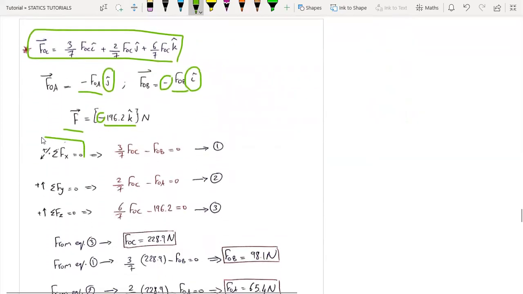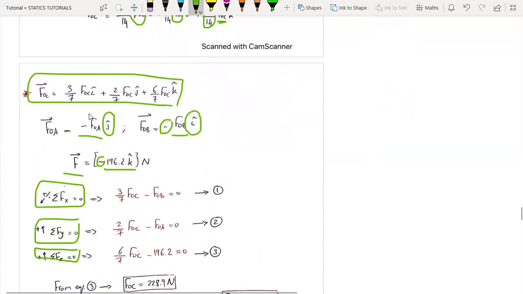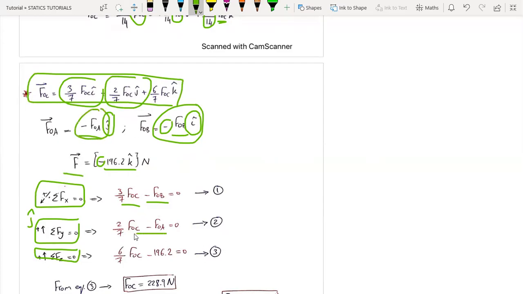Anyway, here we are going to apply our three equilibrium equations. So for the i hat terms, I have 3/7 FOC minus FOB, equals 0. Here I will sum the j hat terms: 2 over 7 FOC j hat minus FOA j hat equals 0.